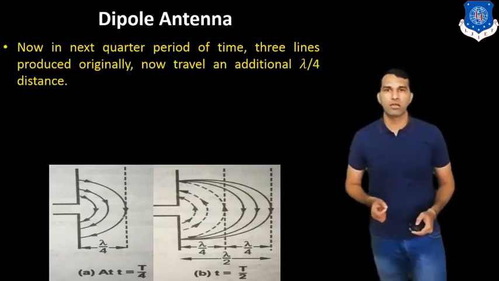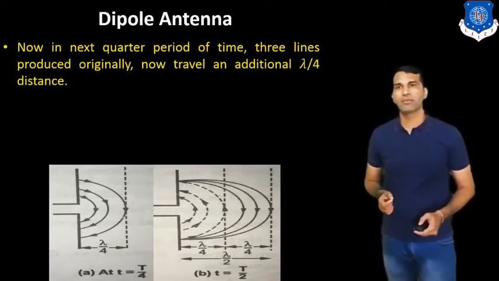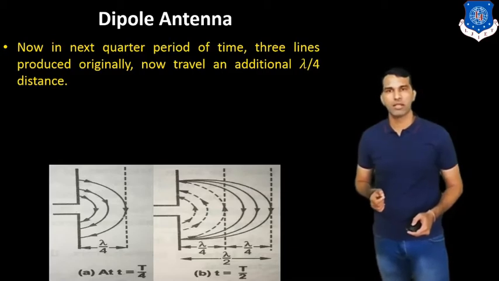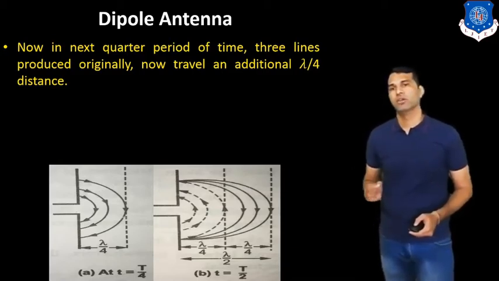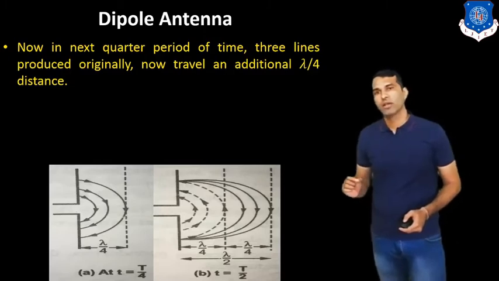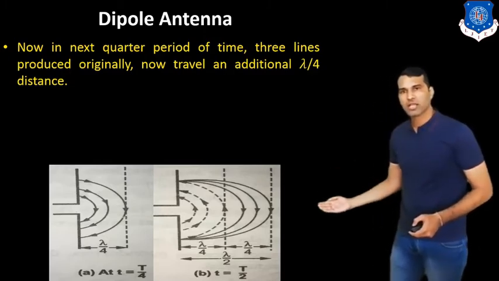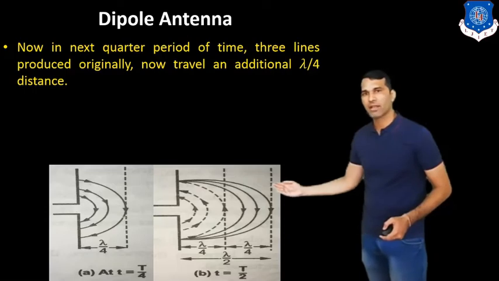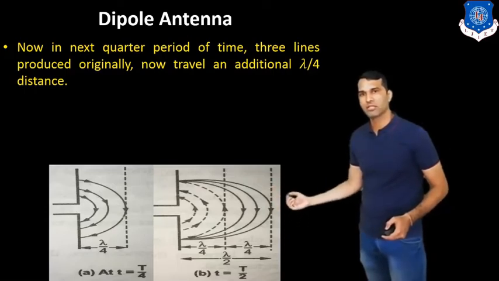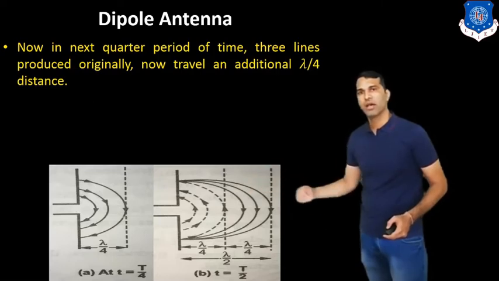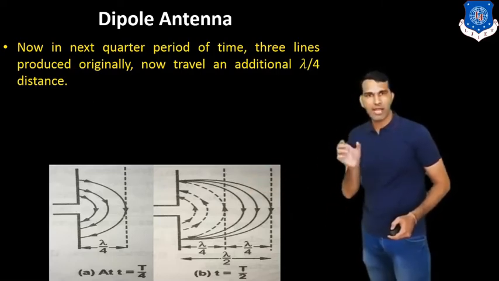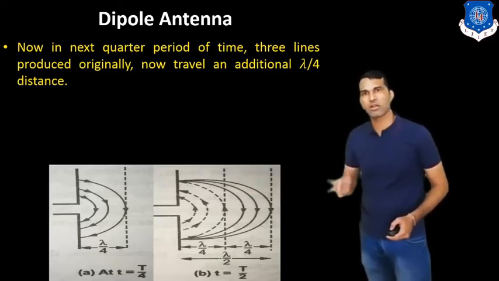In the next quarter period of time, the lines produced originally now travel an additional lambda by 4 distance. In the second quarter, the dashed line indicates the second quarter line, and this is the first quarter line.